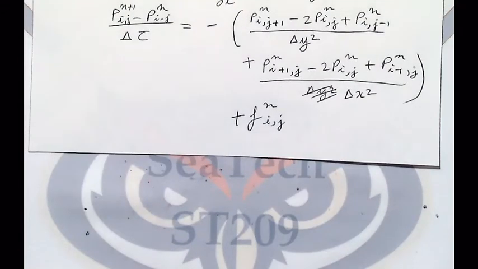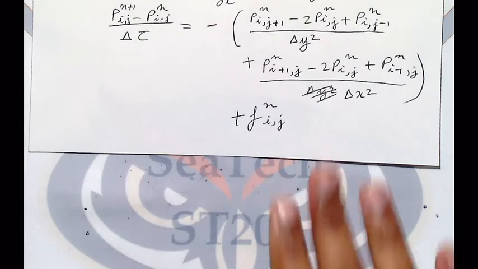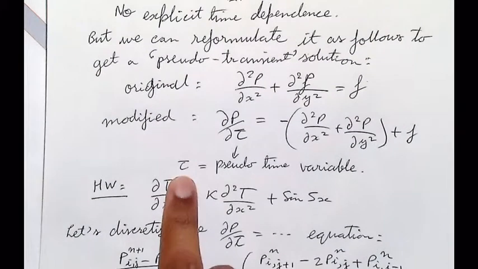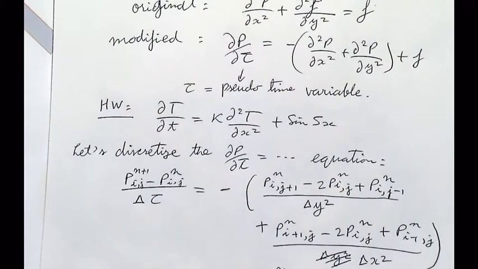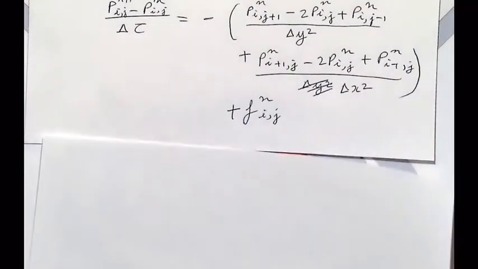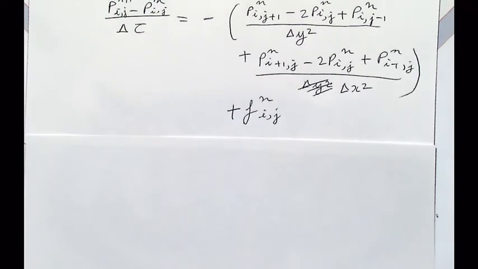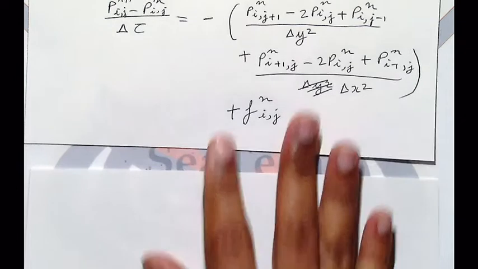You want to get a steady state solution? Yeah, because we introduced this pseudo time variable. So you want to keep solving this equation till the dependence on this pseudo time goes away. But here, for the time step delta t, do we need to consider the CFL condition again?